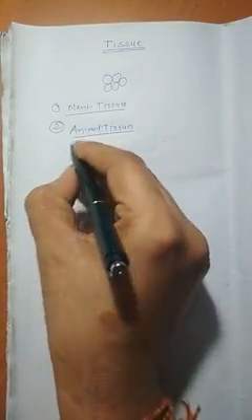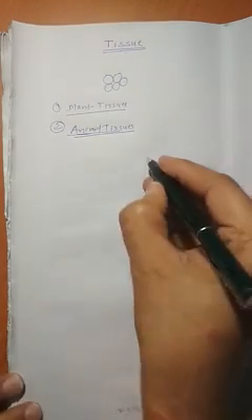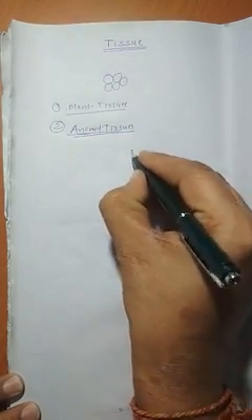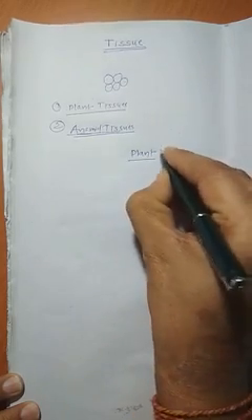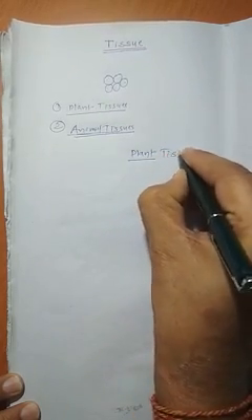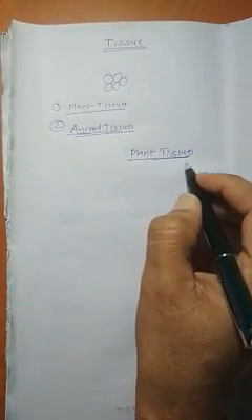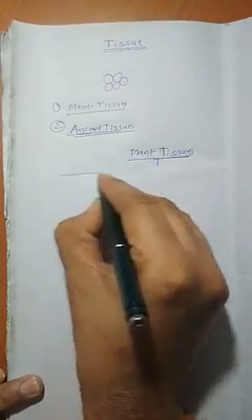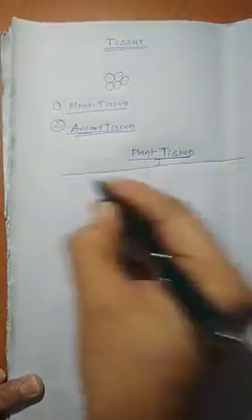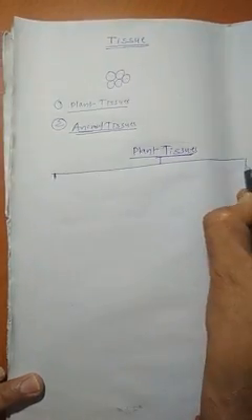About the types of plant tissues, there is a classification. We classify plant tissue into two main groups.